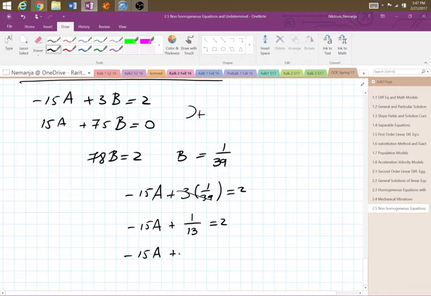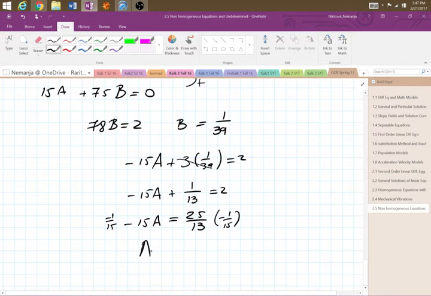So I have 26 minus 1 is 25 over 13. And we're multiplying both sides by negative 1 over 15 to get a alone. These guys cancel by 5, and you get a equals negative 5 over 39.